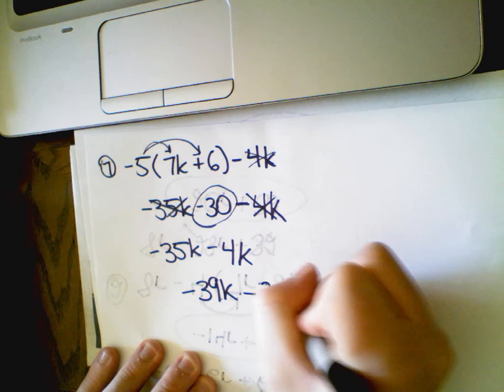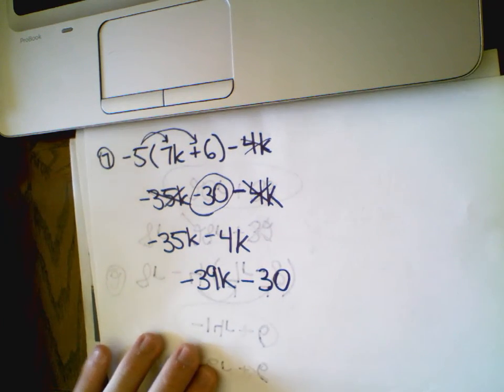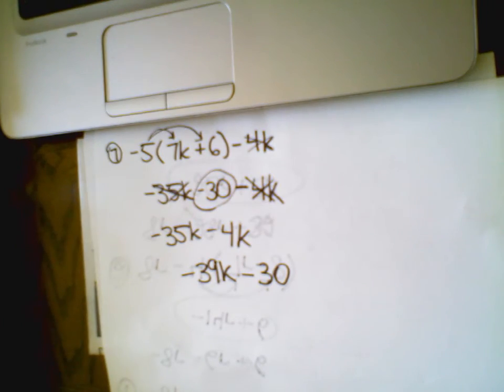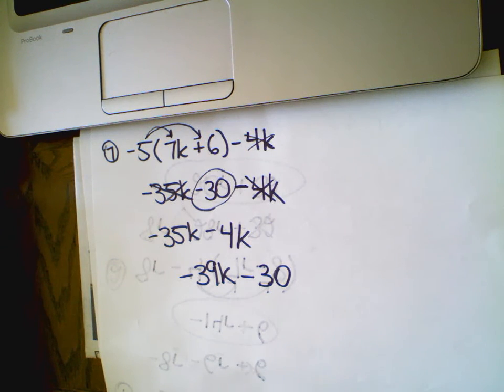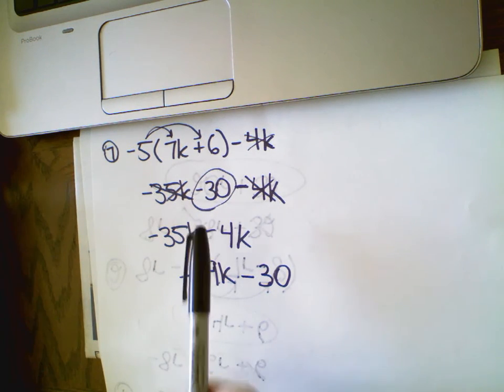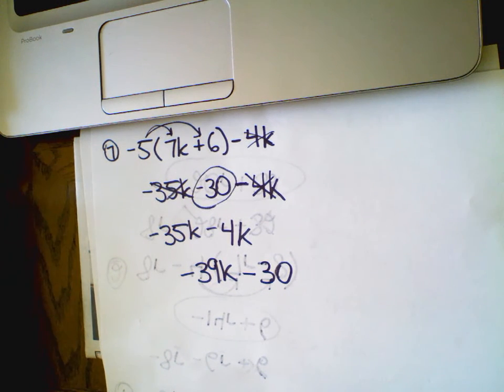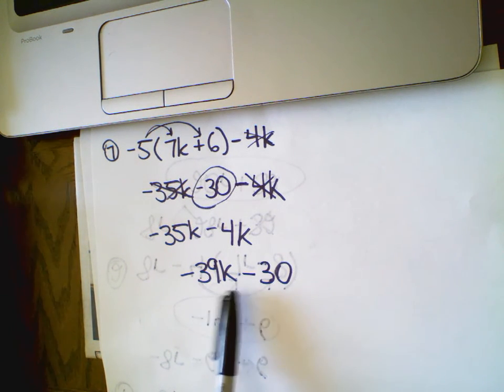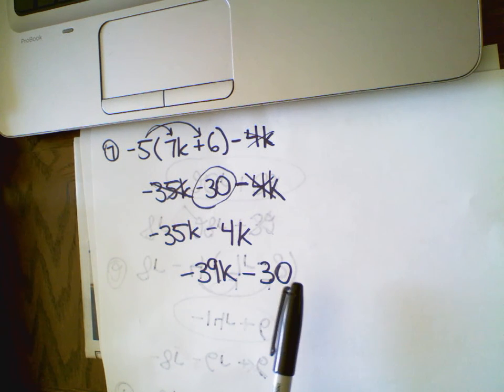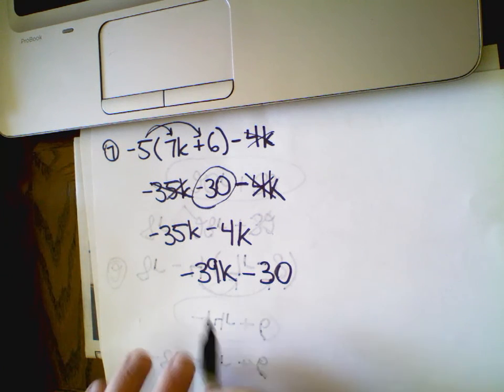Minus 30. Oh, look at that. We did it. Because if you look at our answer, and we included our negative 30, negative 39k minus 30 would be our final answer, because I can't combine k with negative 30. This is our final answer.